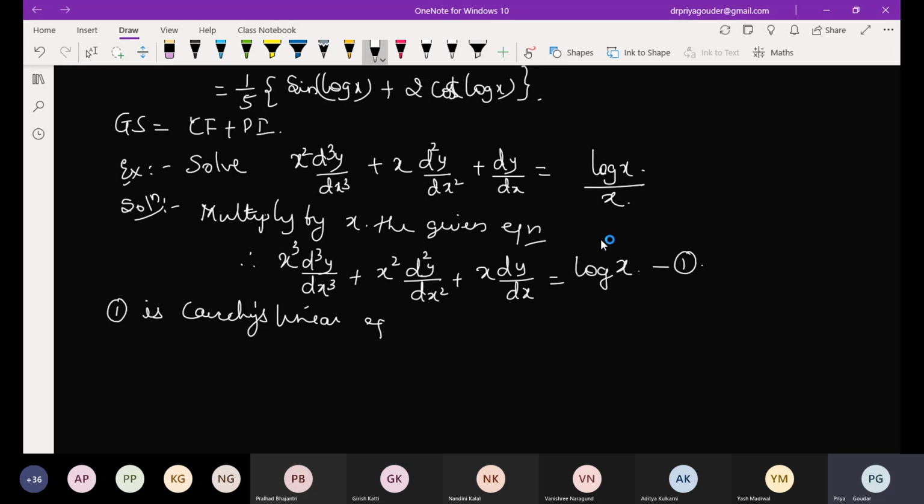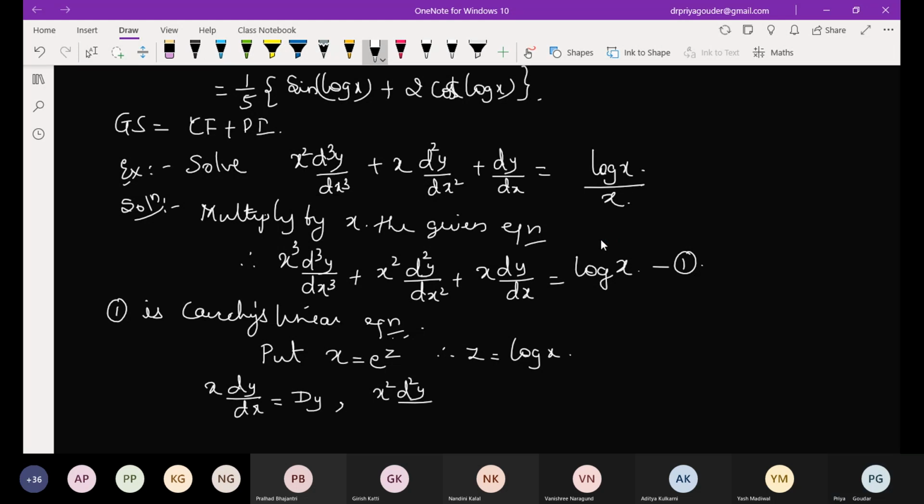So we know how to solve it. What is the next step? I have to write the substitution. What is that? Put x is equal to e to the z. You should tell every time, then you will become perfect. So x into dy by dx will be converted to D y. x square d square y by dx square will be D into D minus 1 into y.